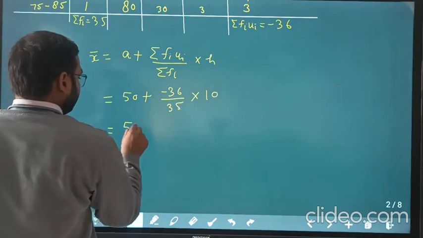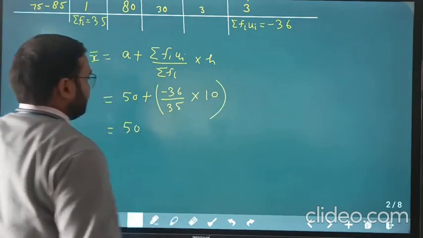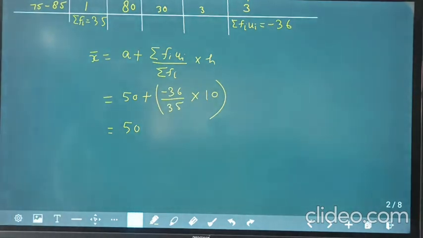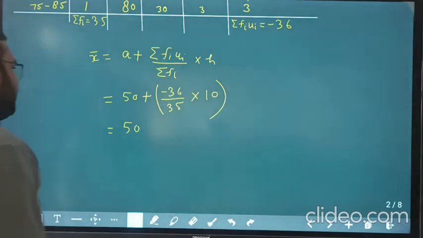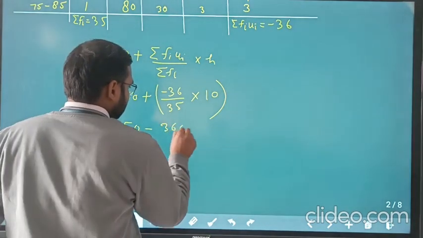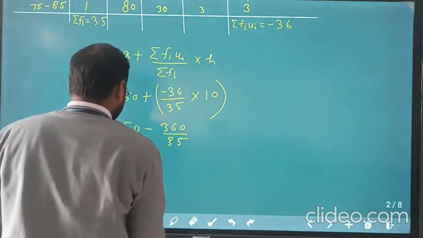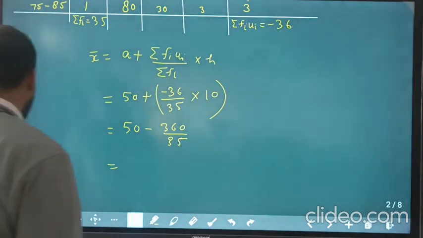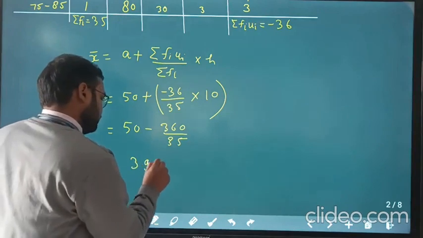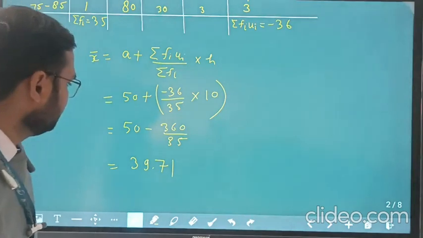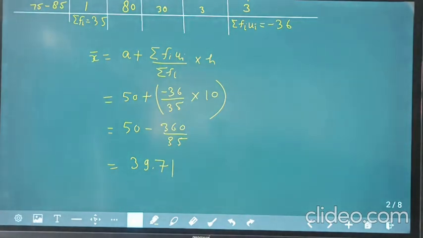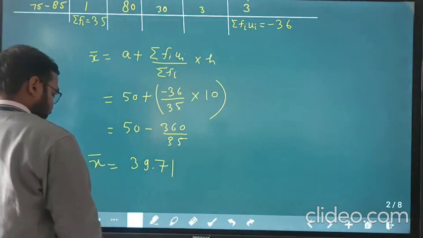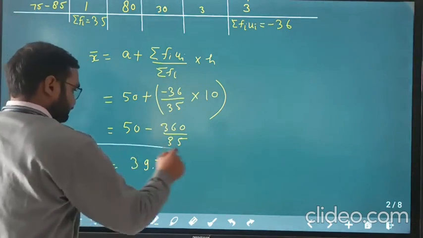So it will become 50 minus 360 upon 35, and 360 upon 35 is almost equal to 10.29, so that is equal to 39.71. That is your required answer by the given method.